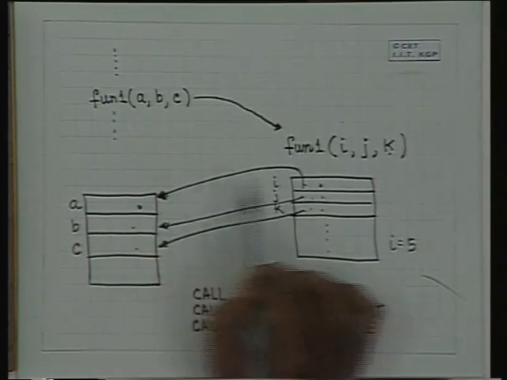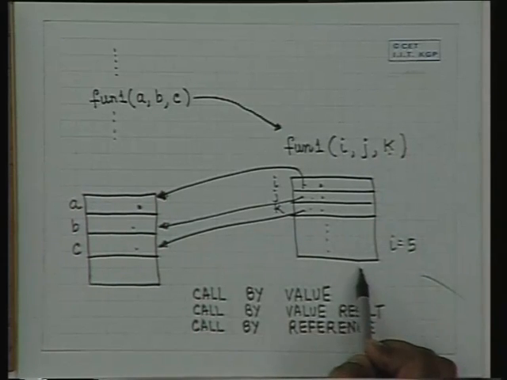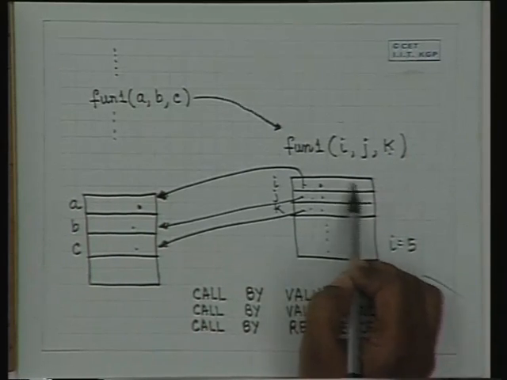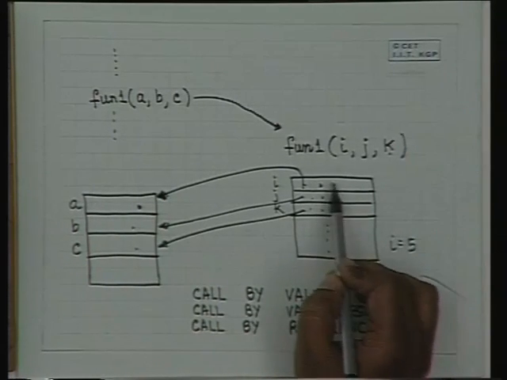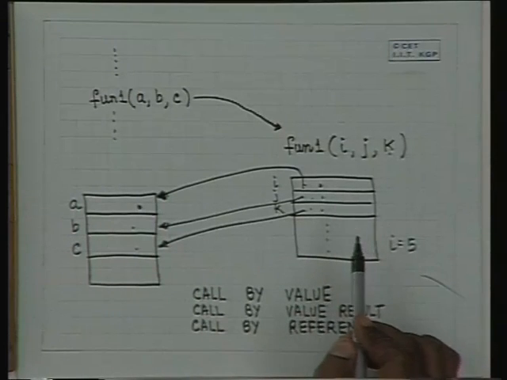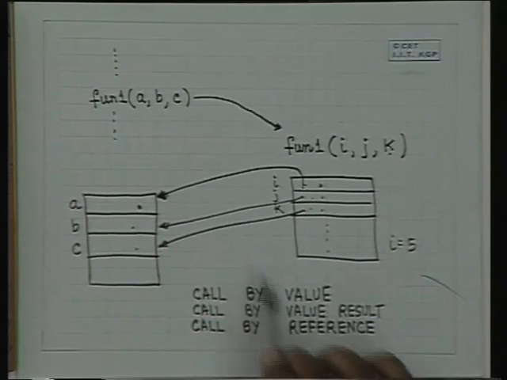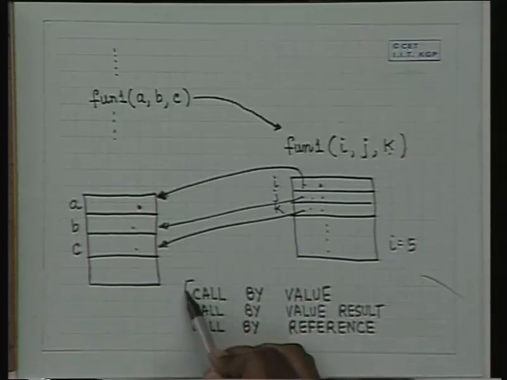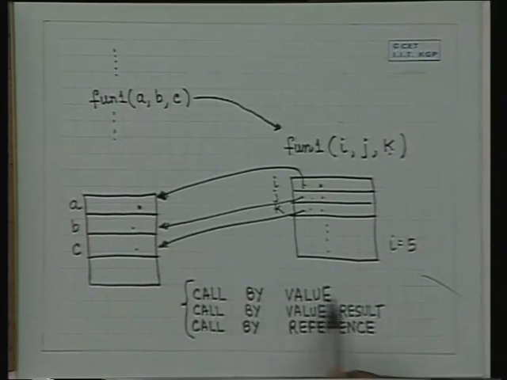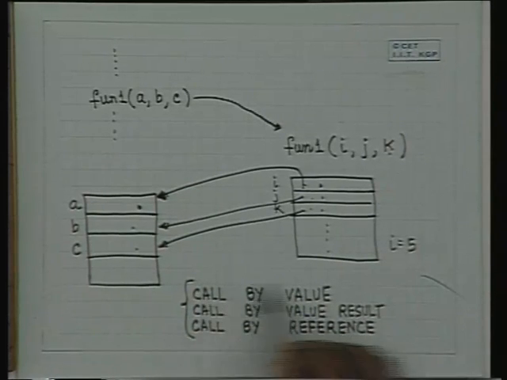So if you want to change something in i in the function here, it uses the content of this, it modifies the content of the address, which is something called indirect addressing, but this is what is called call by reference. There are other ways of parameter passing like call by name and others, but we will now concentrate on call by value, call by value result and call by reference, and C language uses call by value.